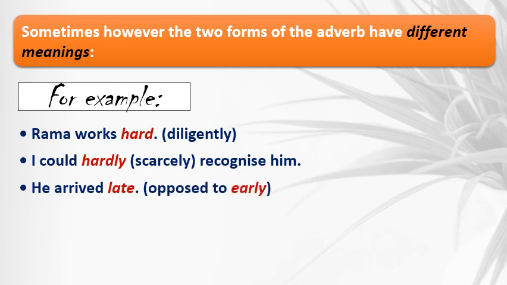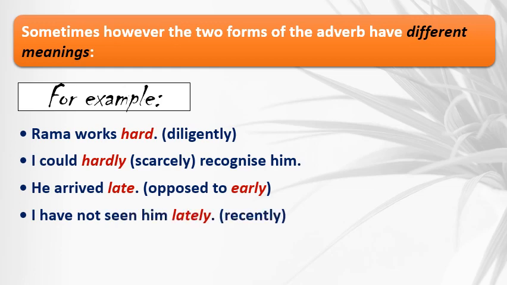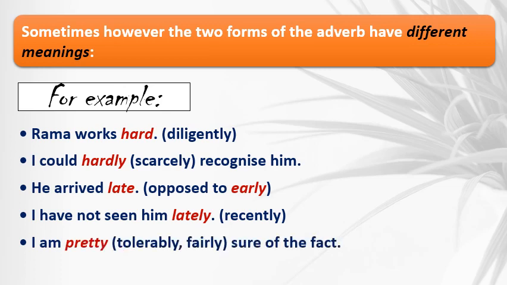He arrived late. So here the meaning of late is opposed to early. I have not seen him lately. Here the meaning of lately is recently. I am pretty sure of the fact. Here the meaning of pretty is tolerably or fairly.